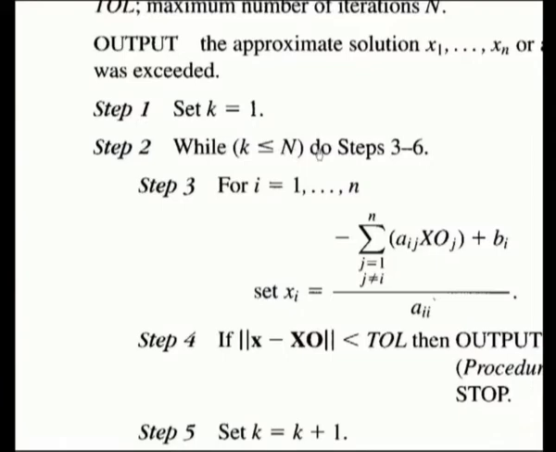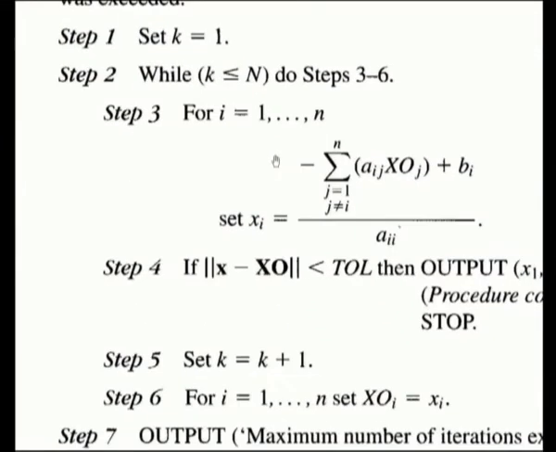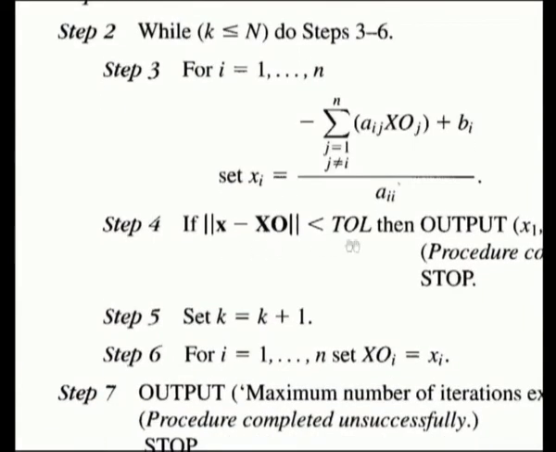While this happens, you perform this operation. This is basically the Jacobi iterative procedure, computing the latest iteration for the ith variable, and now compute the difference between the old iteration and the present iteration. Each component will be compared, taken in the absolute sense, and the maximum of it.